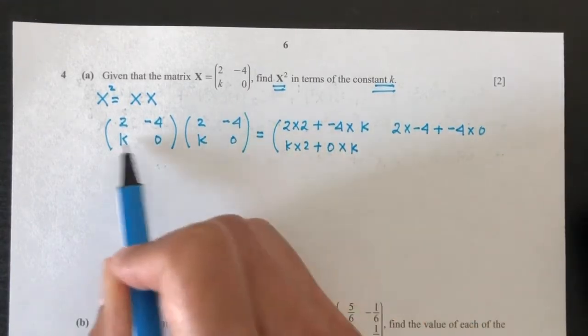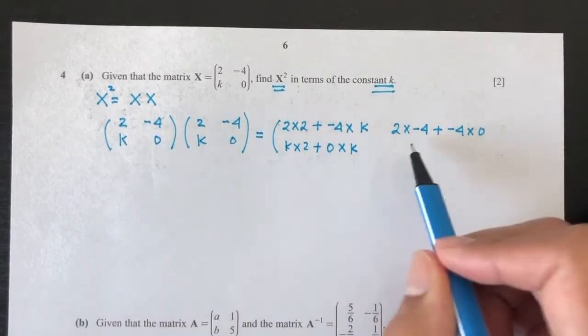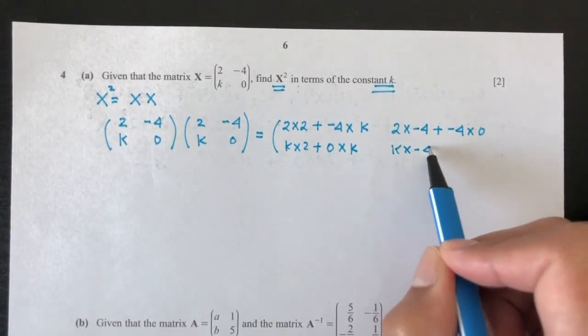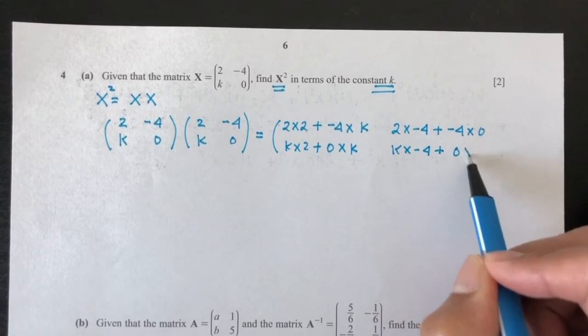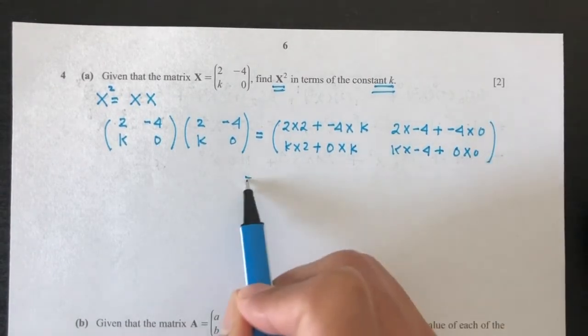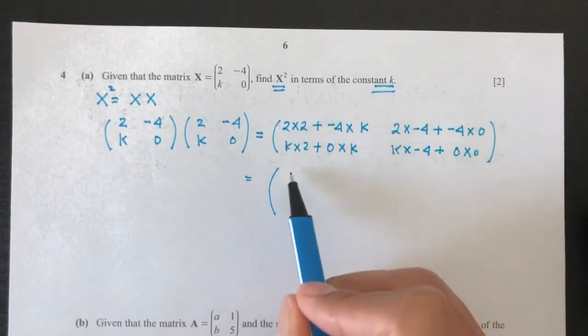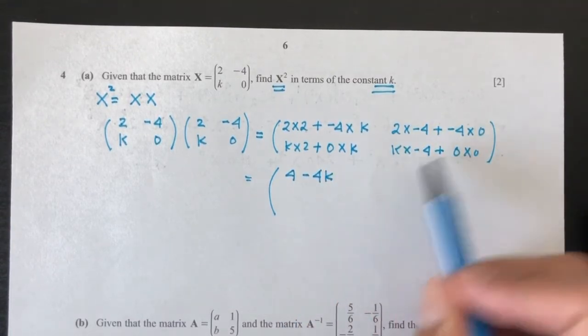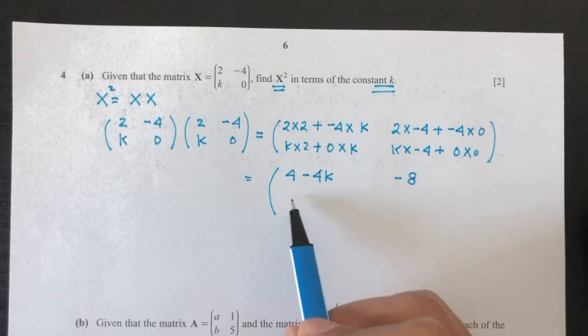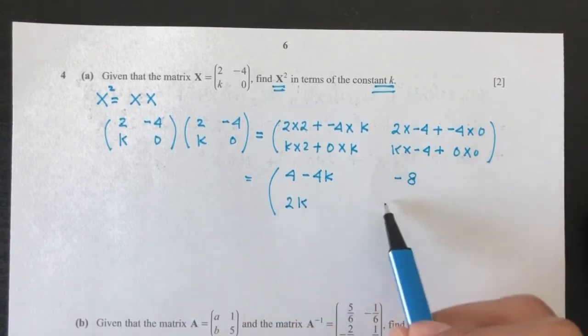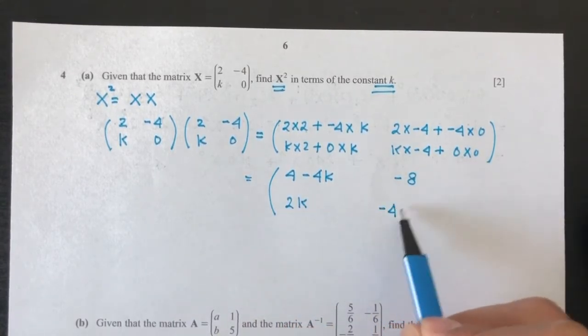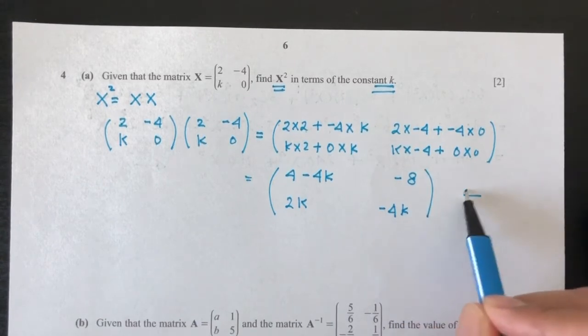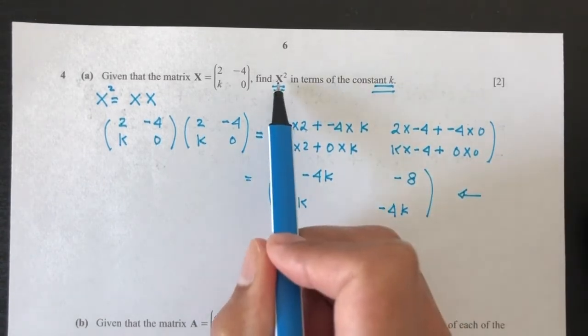And then for this one, rows by column, k times minus 4 plus 0 times 0. Now if you simplify, this is 4 minus 4k, this is minus 8, and this is 2k, and this is minus 4k. Okay, that will be your answer in terms of k for x squared.